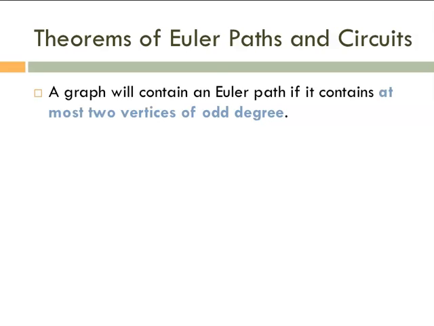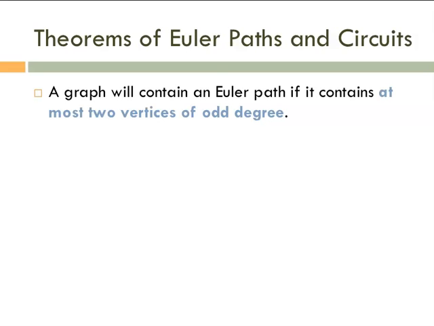If there are two vertices that have an odd degree, that's fine too, you'll have an Euler path. But once it's more than that, if you have 3 or 4 vertices of odd degree, then you can say for certain that the graph will not contain an Euler path. So no more than 2 vertices of odd degree. If it's more than that, there is no Euler path.